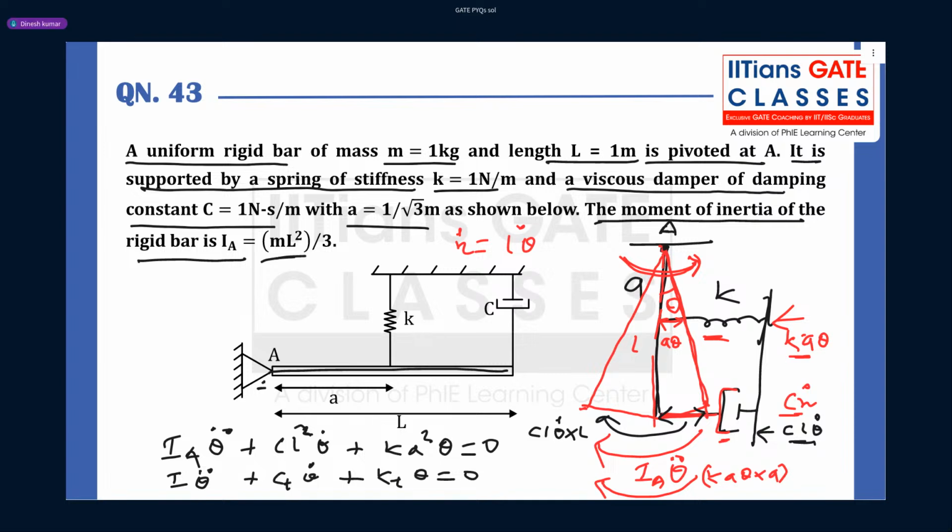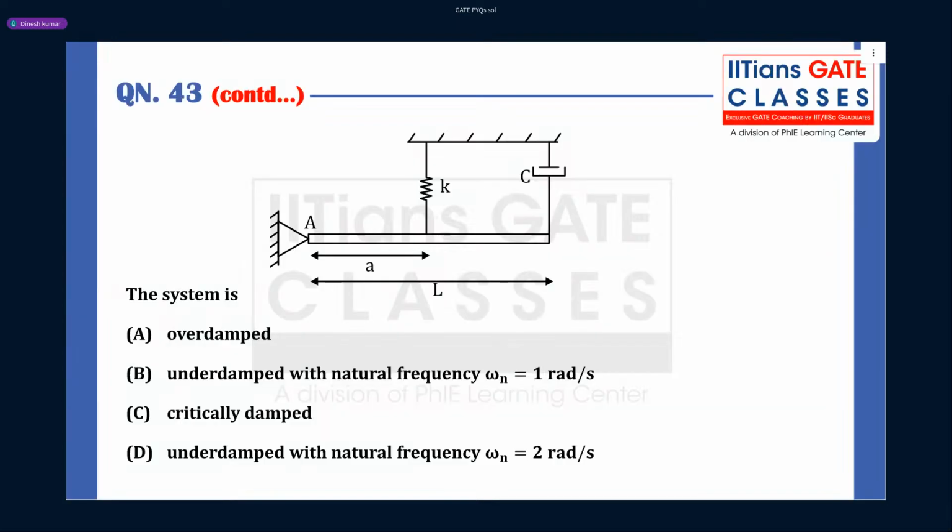Okay, fine. So now, guys, we already know in case of rotational vibration, what is the natural frequency omega n? Omega n is always root of kt by I, or J. That is the mass moment of inertia, right?